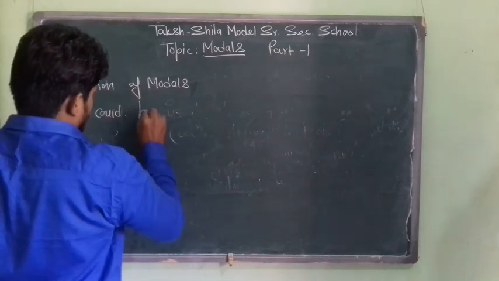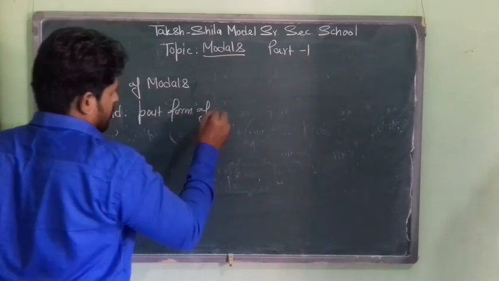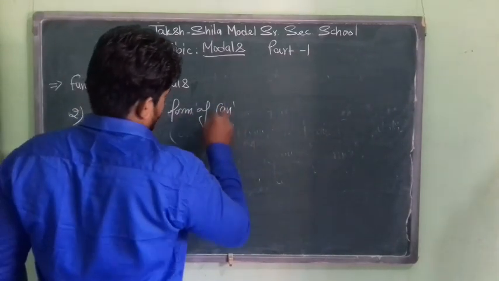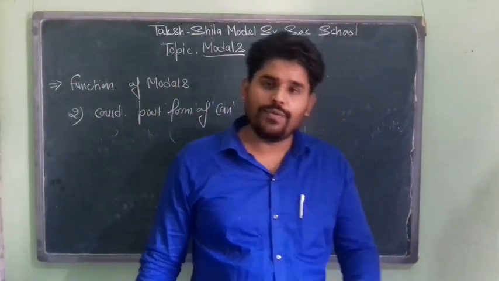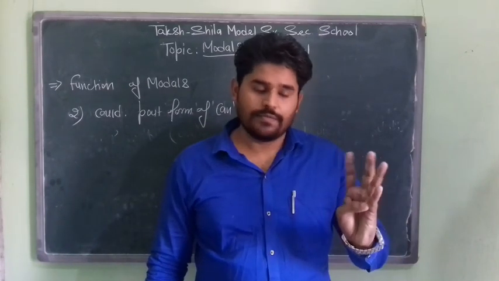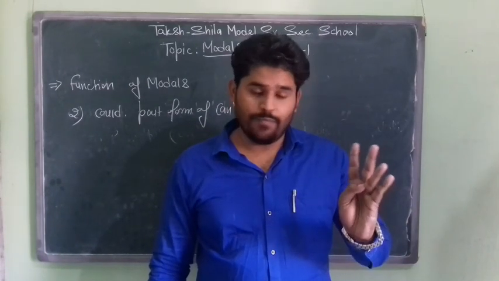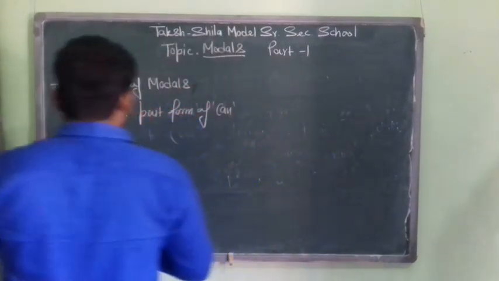Could is the past form of can. It is the past form of can. So could can be used to express ability, power, capacity, permission in past tense. So it is used to express what?